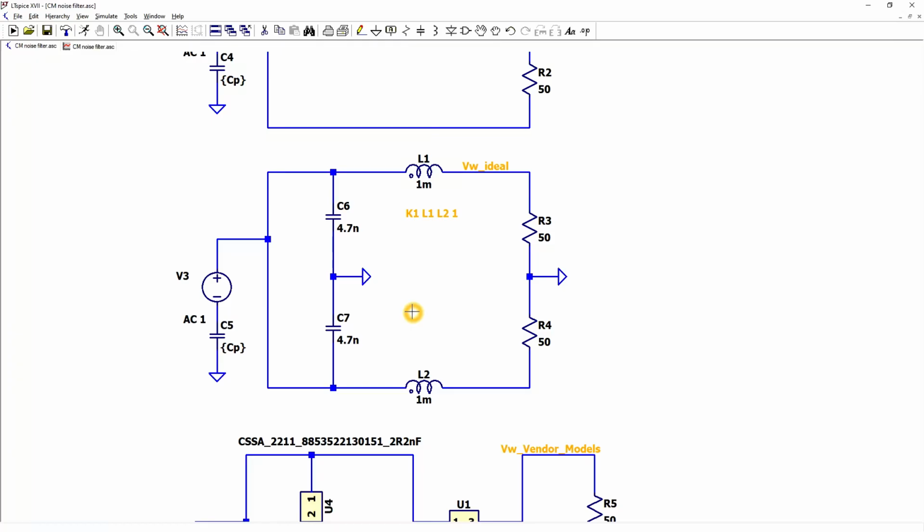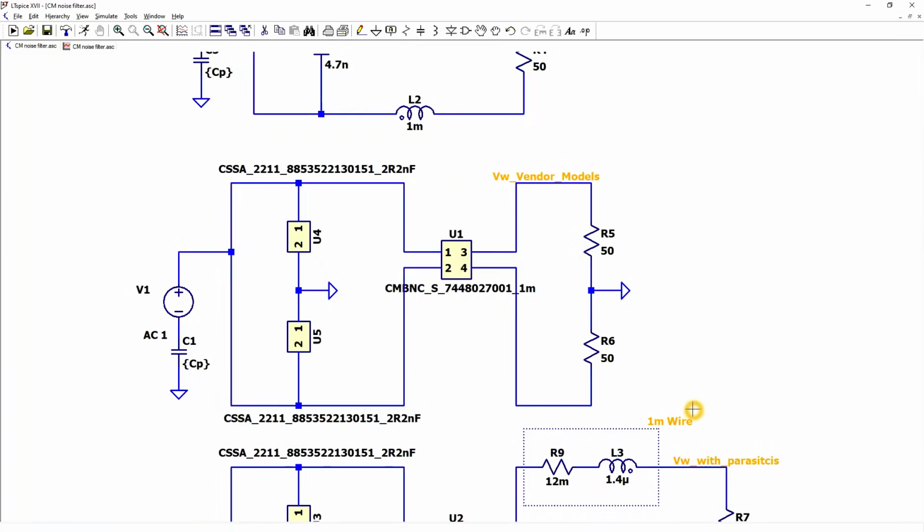They provide high inductance for common mode current and much less for differential mode current, as leakage inductance. Typically, leakage inductance will be 0.5 to 5% of the common mode inductance, so 1% will be 1 microhenry. But for simplicity, I drew this circuit without any leakage inductance because the coupling coefficient K is 1.